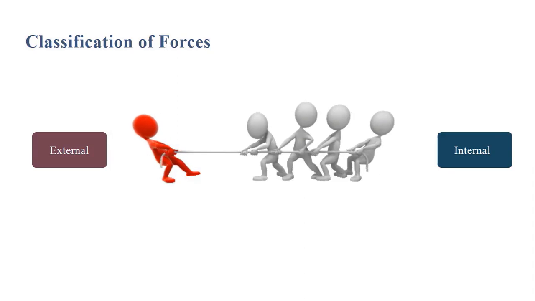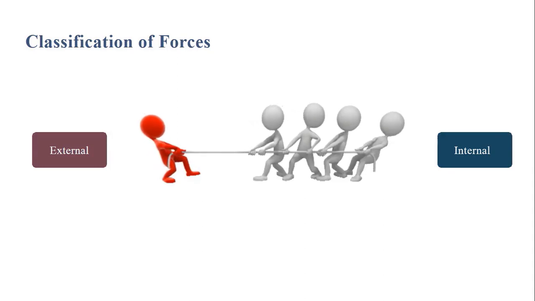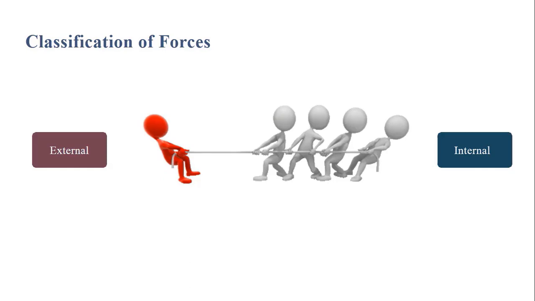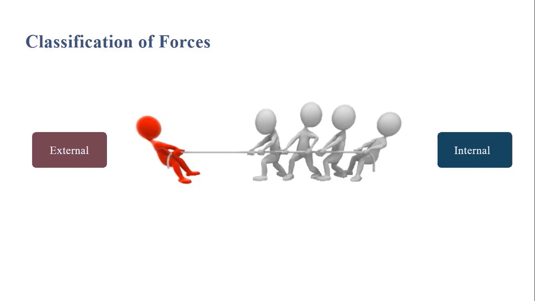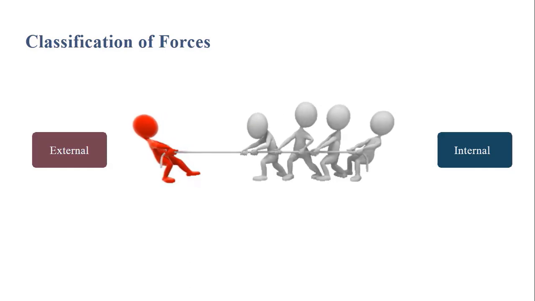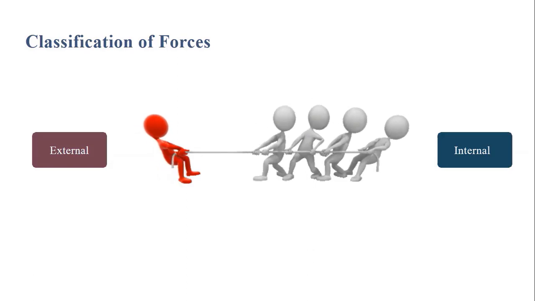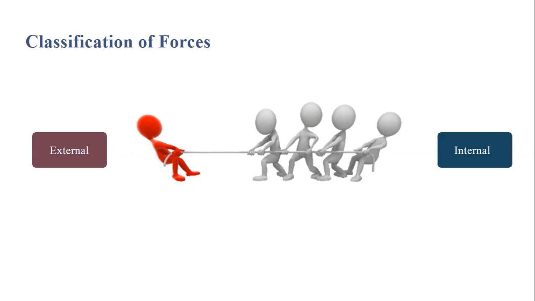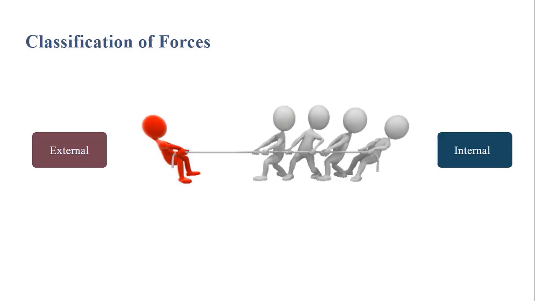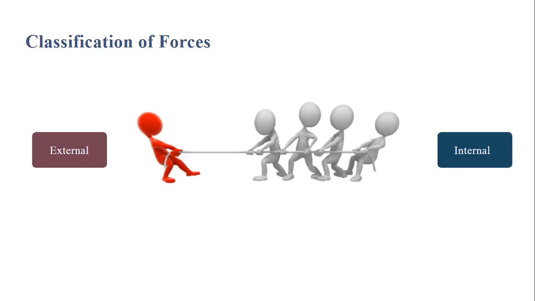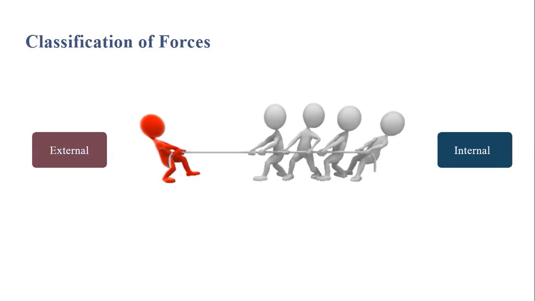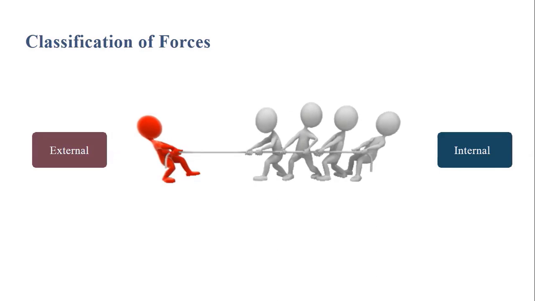Internal forces are a type of force that is applied to a body by another body that is already in the system. If we consider the four persons on one side, each person is applying a force to another person and they are all in the system.